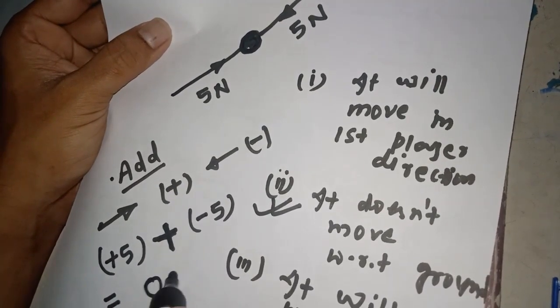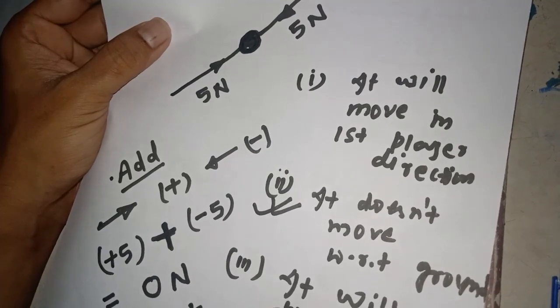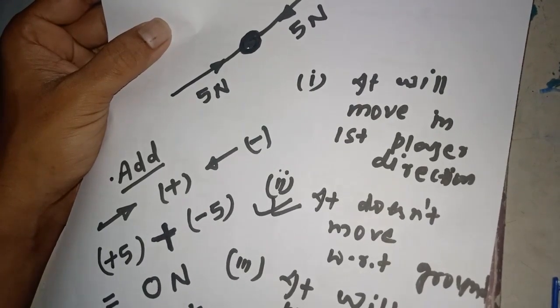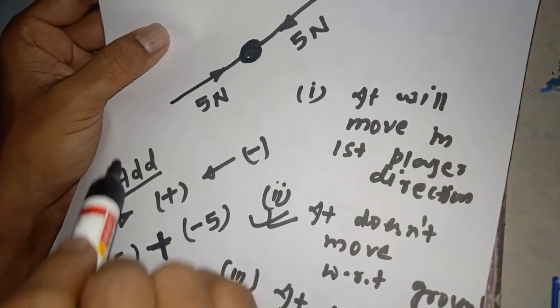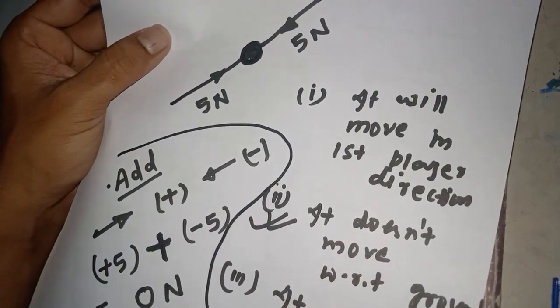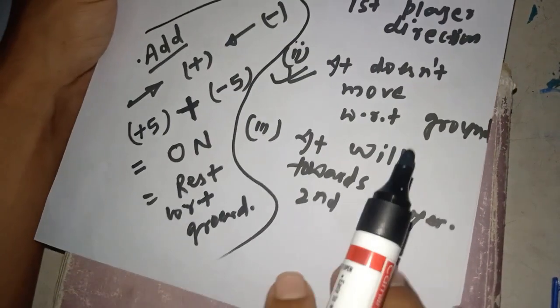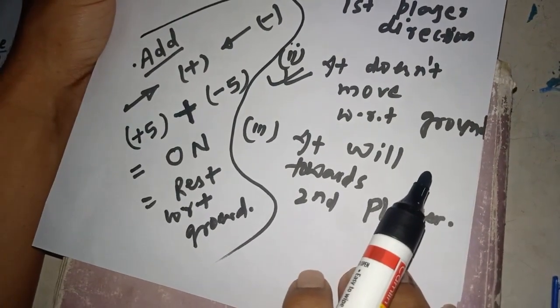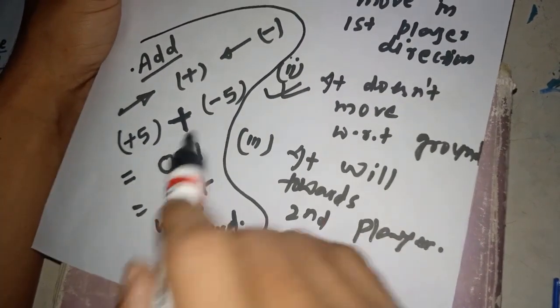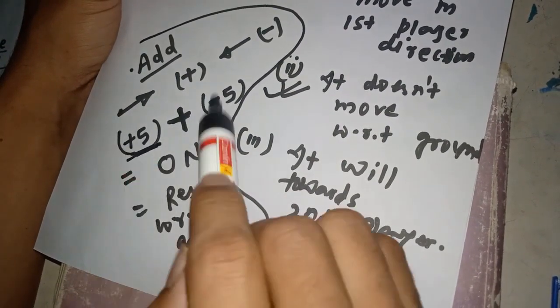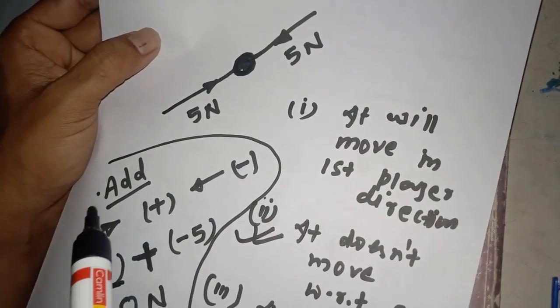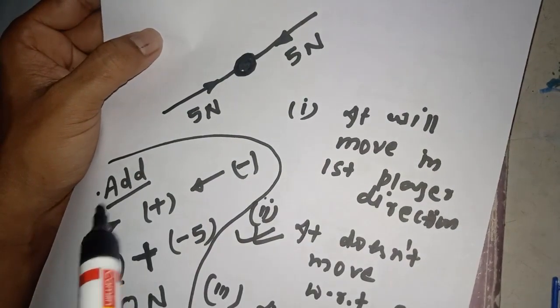So here you can see this becomes 0 Newton. That means rest with respect to ground. Or you can take any reference. Have you got my point? So we add two vectors keeping the direction also. Here plus is the direction, here minus the direction. And the combined effect is called addition.